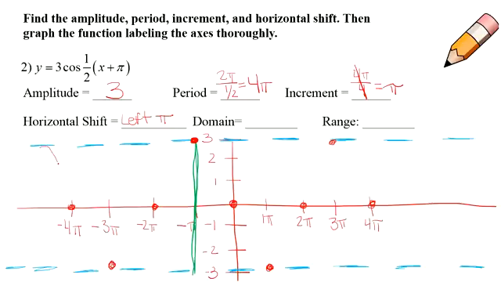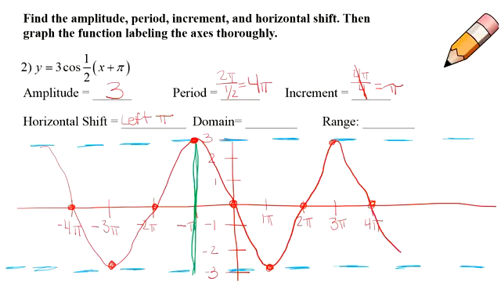So it looks like it's going to do something like this as I draw through my dots here. There we go. So something like that. Our domain, -infinity to infinity. And then -3 to 3 for my range.